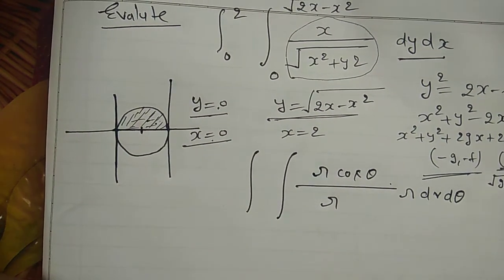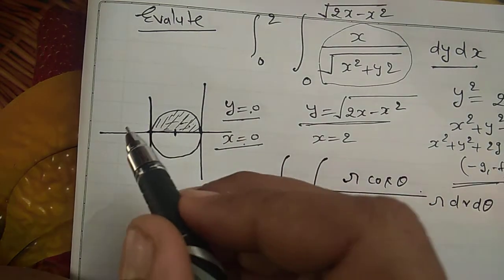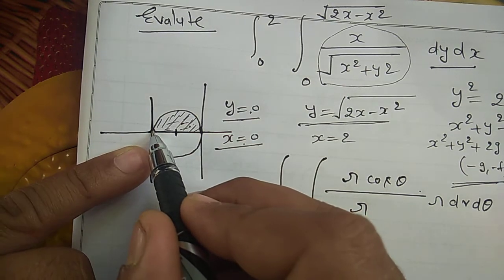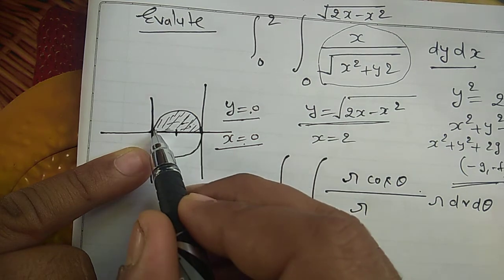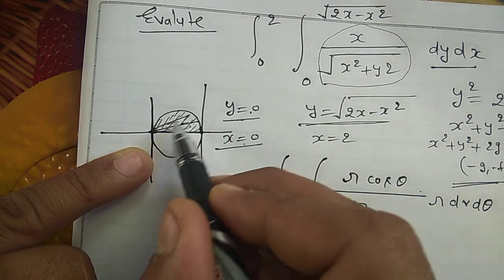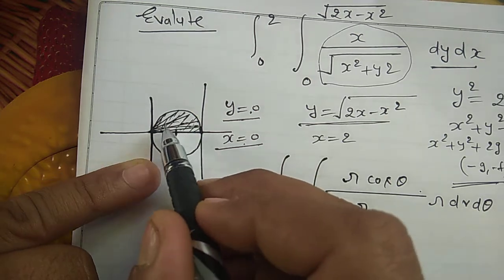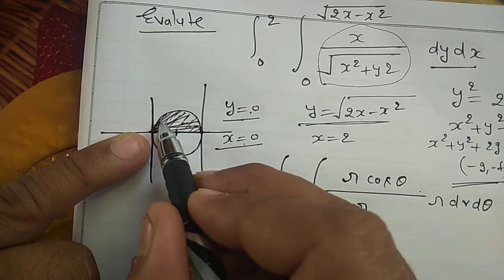Now let us find the r and theta limits. So what is the r limit? If you see from the origin, the distance of the point, here we have 1, 2, here we have something different, this is different on this curve. So r varies from 0 to the curve.